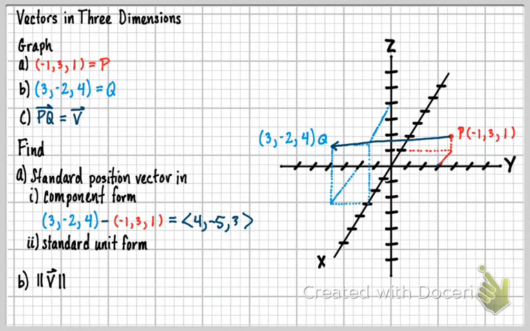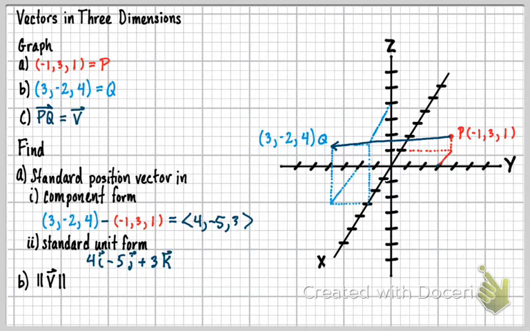You'll see what that looks like right now. So this is really going to be 4I, and then since I have a negative, I'm going to call it a minus 5J, and then plus 3K.